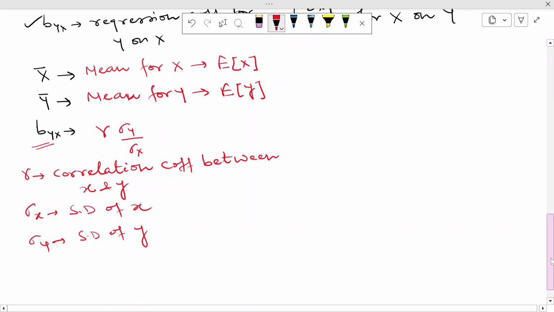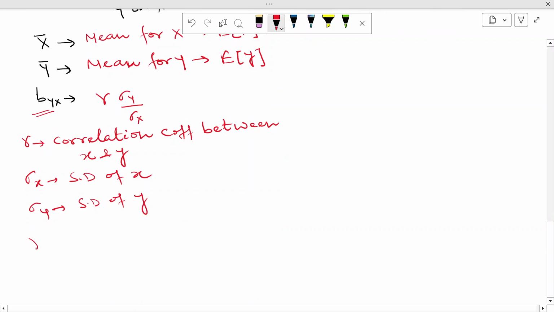Now we know that r can be obtained by finding the covariance between x and y, and this should be divided by sigma x and sigma y.